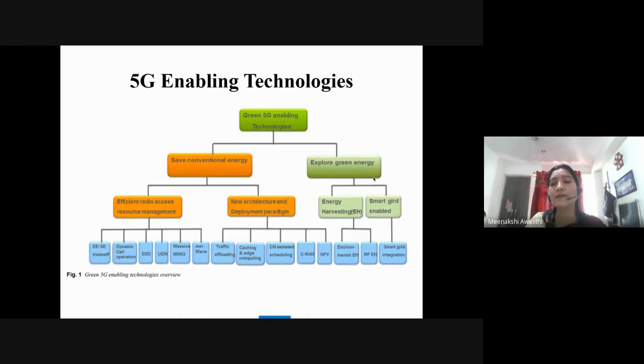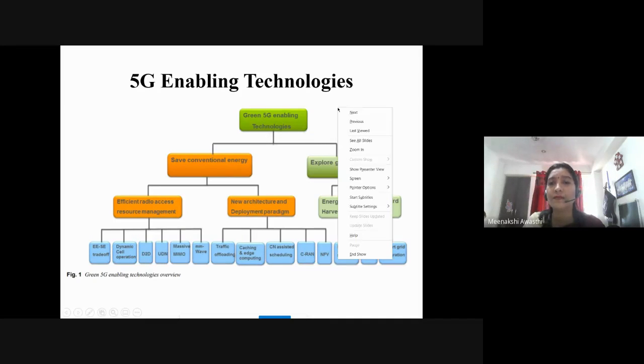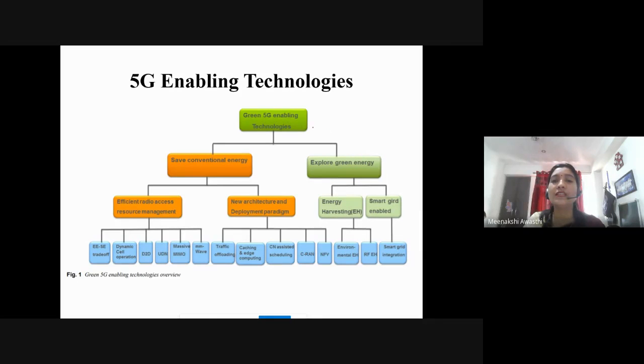So this is the key picture which covers the whole thing about energy efficiency in 5G. This is the green 5G enabling technologies.